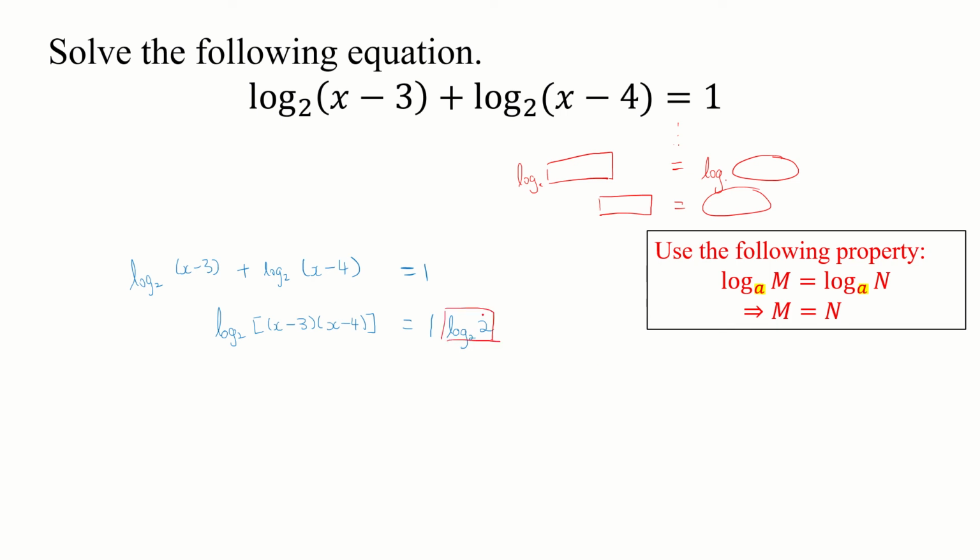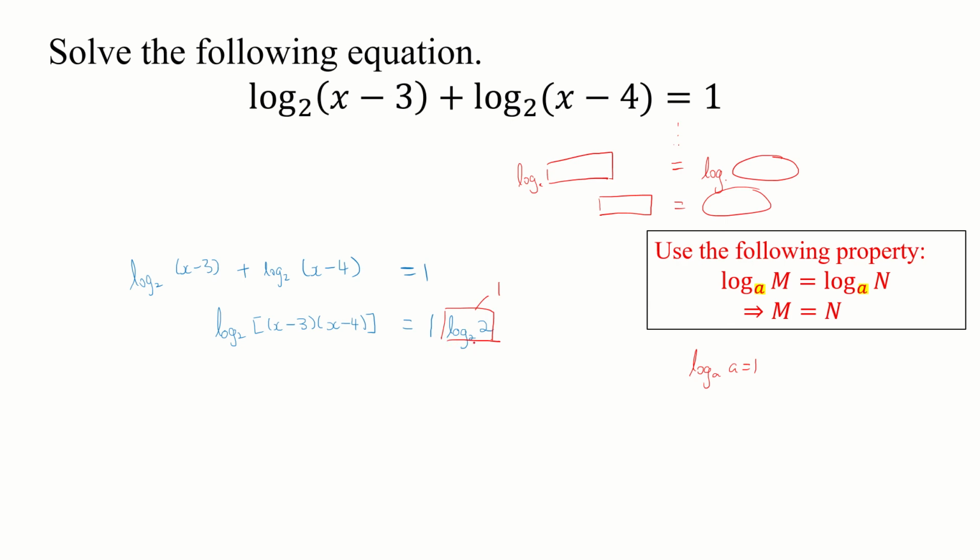Log base 2 of 2 is actually 1, because we know that log base a of a is 1 for any a that's positive and not 1. So we are not actually disturbing the equilibrium of the equation. We have 1 times 1, which is still 1. We are not changing anything in the equation, just adding something.